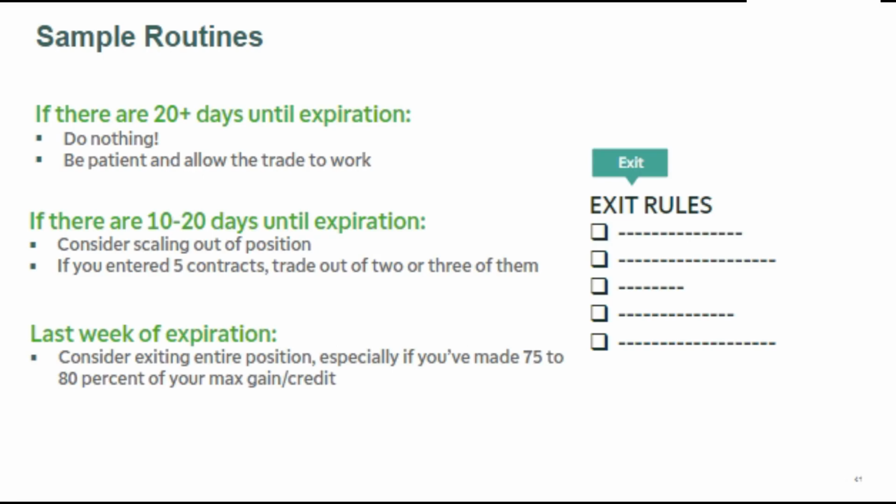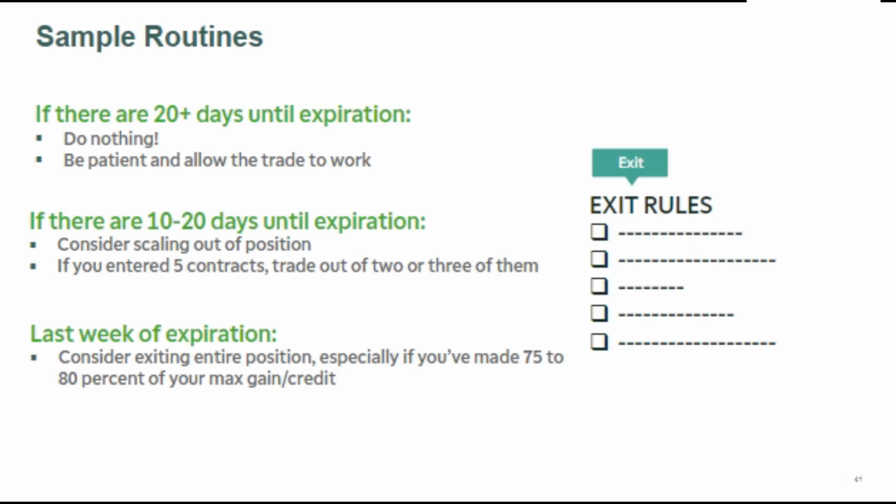If there are 10 to 20 days until expiration, consider maybe scaling out of your position. That's why I like being able to do at least 2 contracts, 5, 10 contracts at a time, because when we're at a profit and there are still 10 to 20 days left, we can maybe get out of a portion of them. And in the last week of expiration, consider exiting the entire position, especially if you've made 75 to 80% of your max profit.